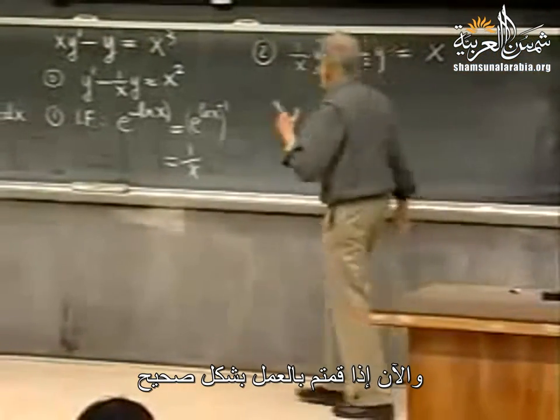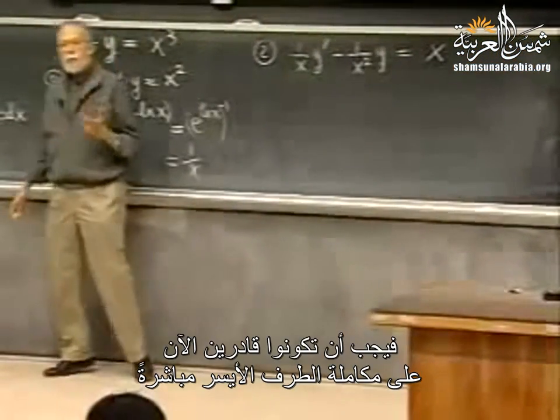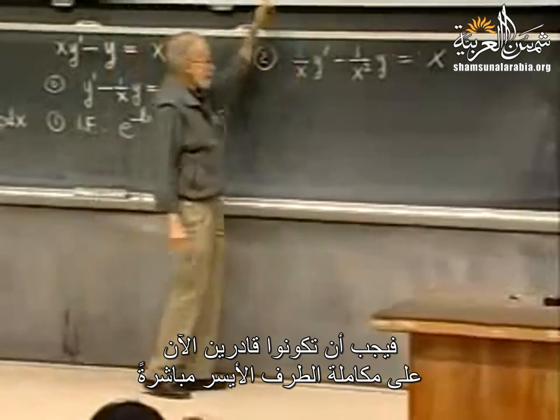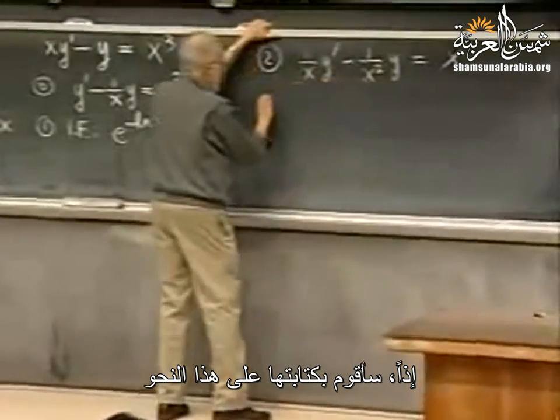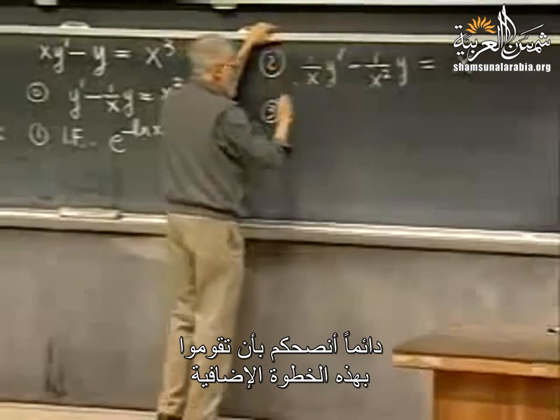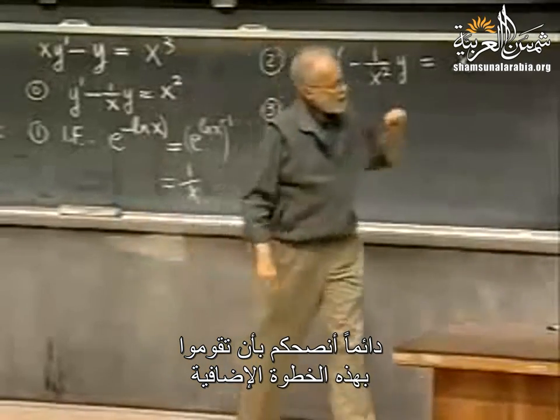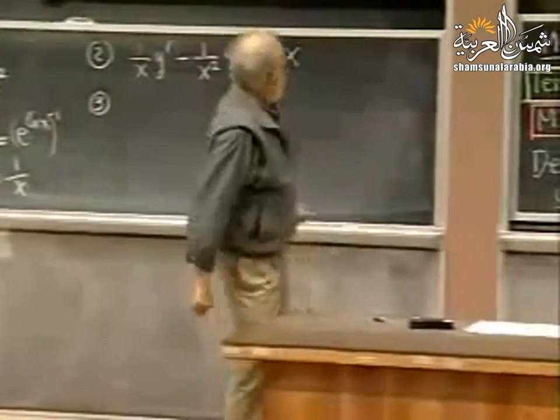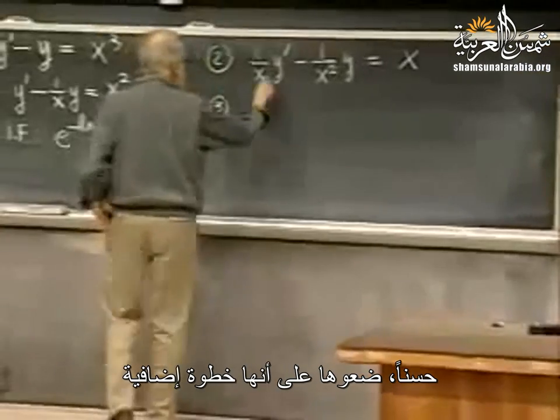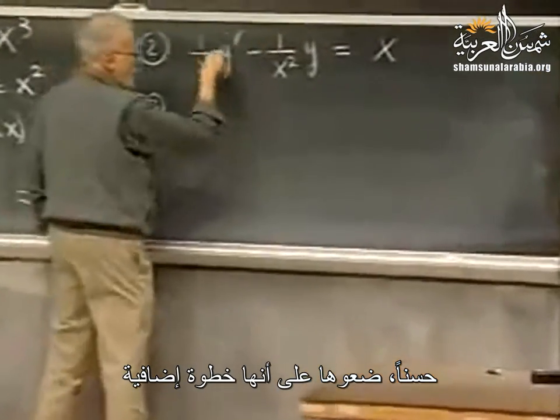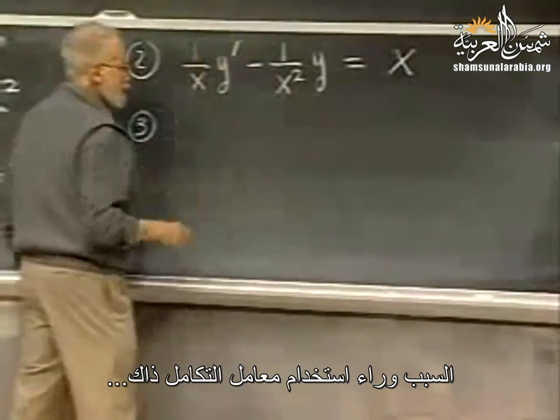Now, if you have done the work correctly, you should be able now to integrate the left-hand side directly. So I'm going to write it this way. I always recommend that you put in as an extra step the reason for using that integrating factor.